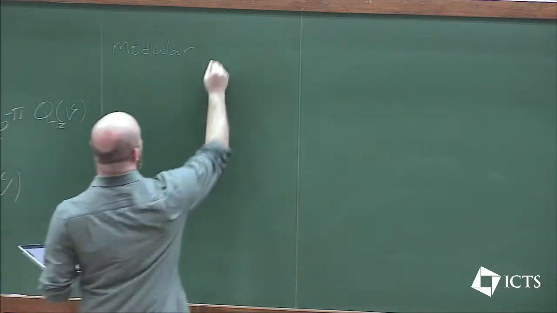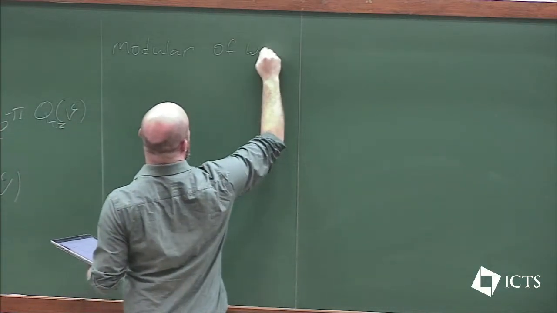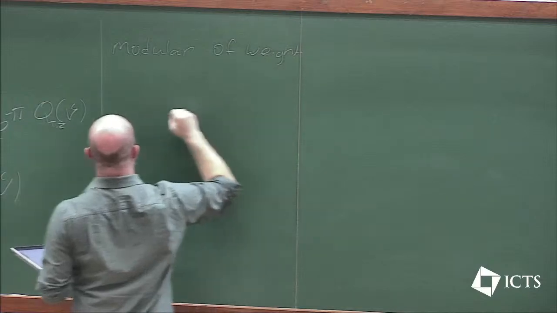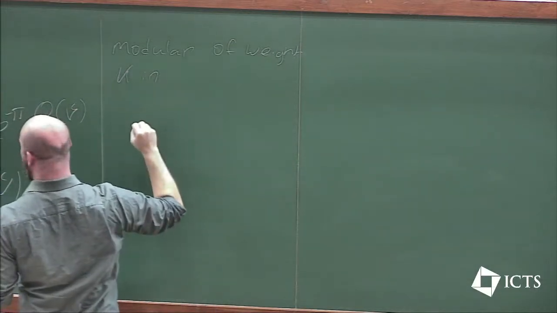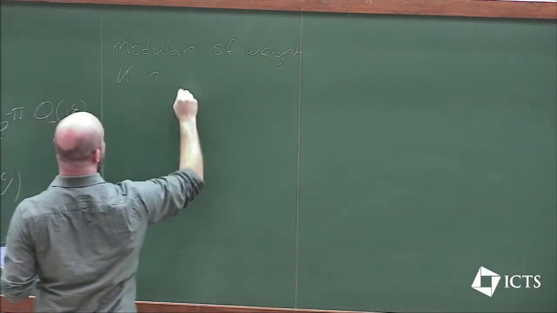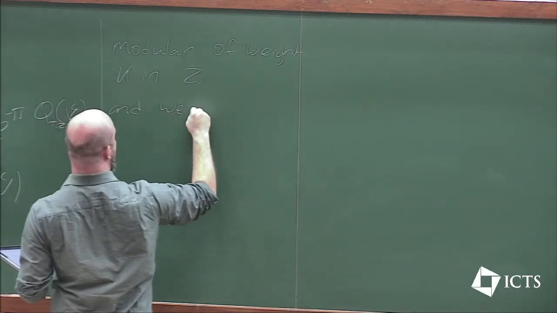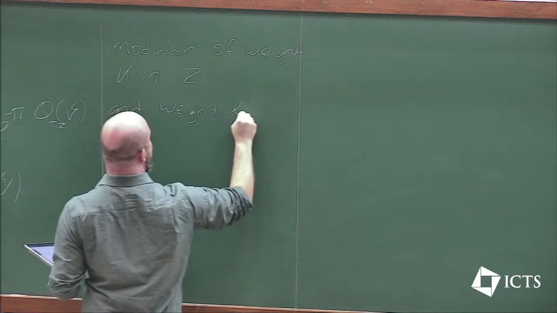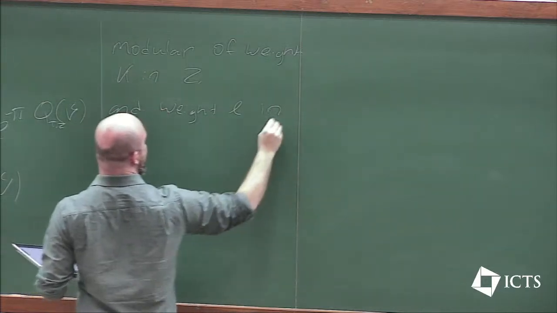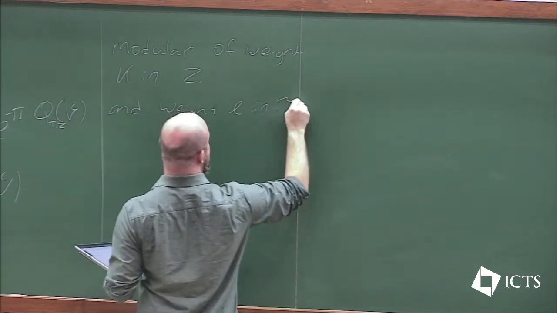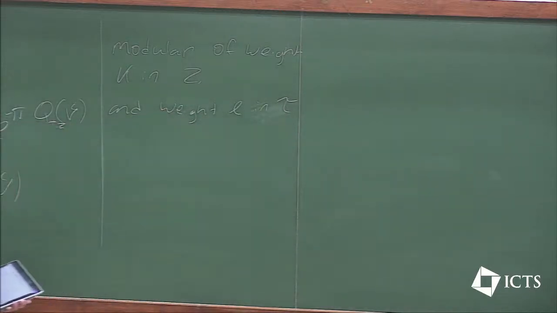So modular of weight, let's say k in the z variable, and weight L in the tau variable. Okay, so I do want it to be modular for both of my variables. They can have different weights.